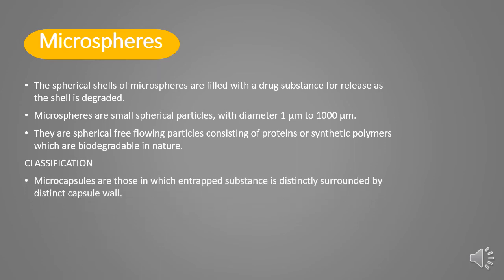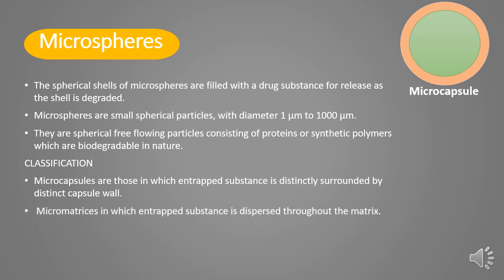They include microcapsules, in which the entrapped substance is distinctly stored in a capsule wall, and they also include micromatrices. In micromatrices, in contrast to the microcapsule, the substance is dispersed throughout the matrix.